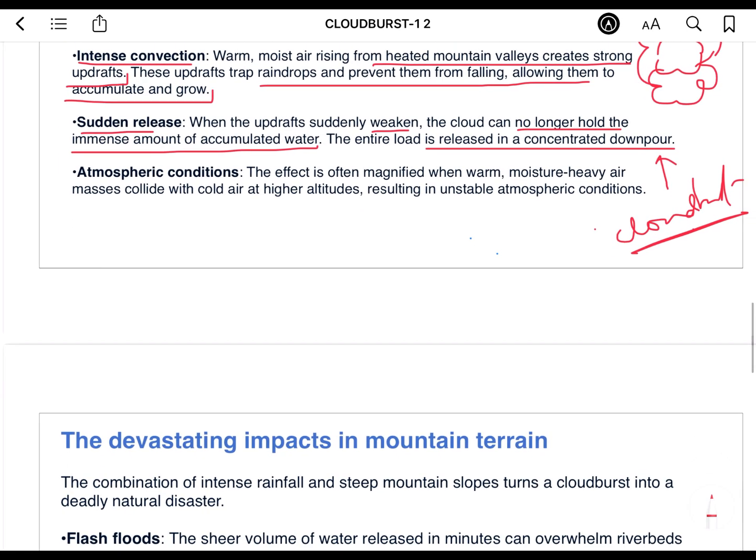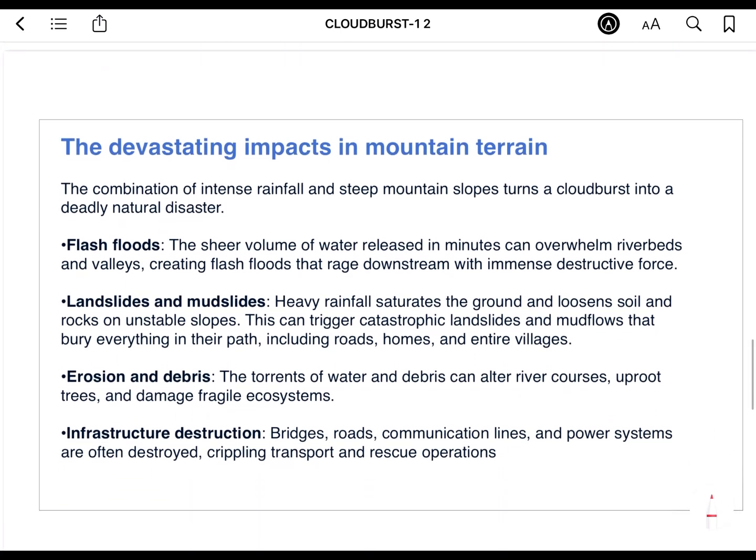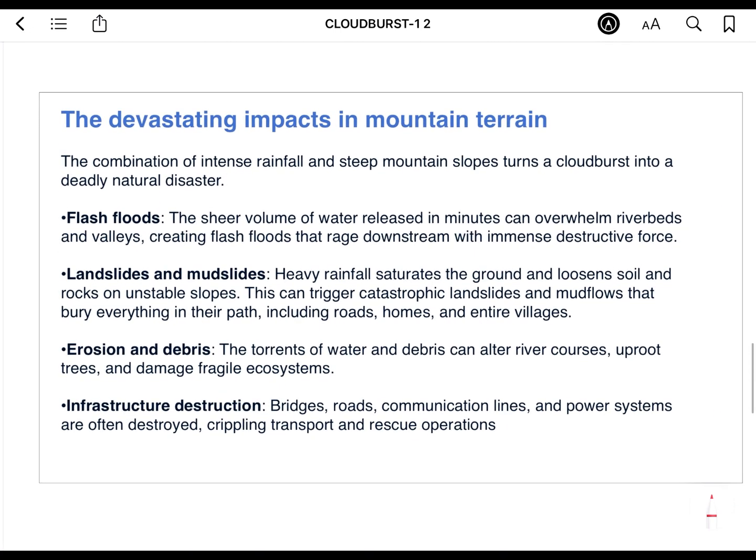Next we will see the devastating impact of the cloudburst in the mountainous region. First, if so much rainfall happens within a short span of time, then flash floods will occur. These flash floods will lead to overwhelming damage in the downstream areas of the rivers and destruction to human life and buildings.